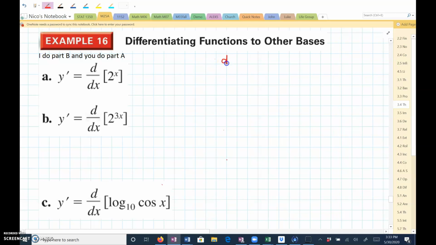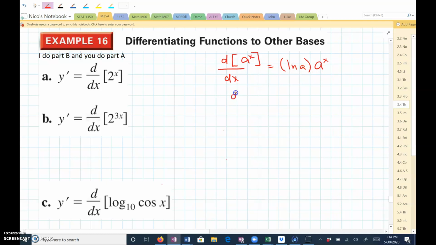You can use the rule: the derivative of a^x with respect to x equals the natural log of a times a^x, which is fine.